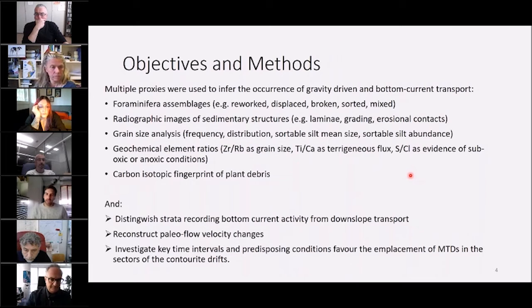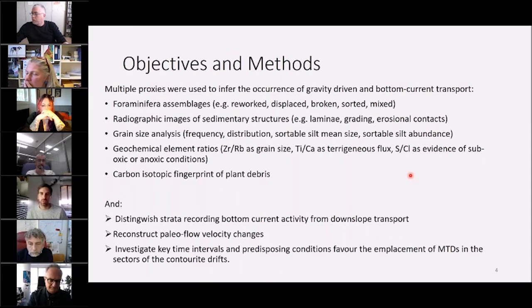The objectives we had with this data were to use multiple proxies from the cores to infer the occurrence of gravity-driven and bottom current transport of sediments within the cores. To do that, we used foraminifer assemblages, radiographic images of sediment structures, grain size analysis, different elemental ratios from geochemistry, and also the plant debris present in the cores.